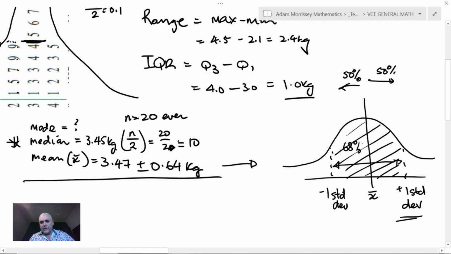So we know that by saying plus or minus 0.64, we're actually saying that the bulk of the data, or 68% of the data, are centered around the mean, plus or minus 0.64 of a kilo. So I hope that's helpful for you, and I might end this tutorial here.